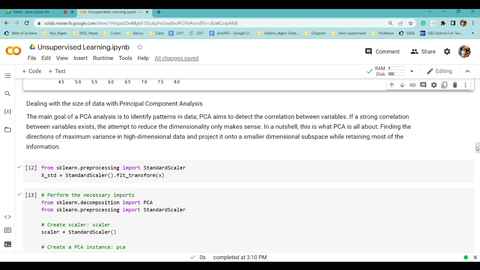Apart from being a data analyst or a machine learning programmer, one very important factor you need to think about is how you can optimize your model, or how you can reduce the dimensionality of the data, without affecting the important factors which need to be taken out from that data. Okay, so this is where PCA comes into the picture. It reduces the dimensionality without interfering with the loss of information.